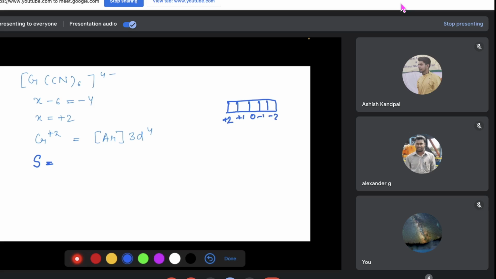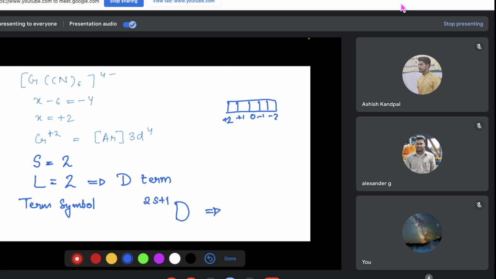So the S value will be 2 and the L term will again be 2 as I have shown earlier. So this will correspond to D term and the term symbol. For ground state they have asked, so definitely I can write the spin multiplicity as 2S plus 1 with my term L, which is here D.